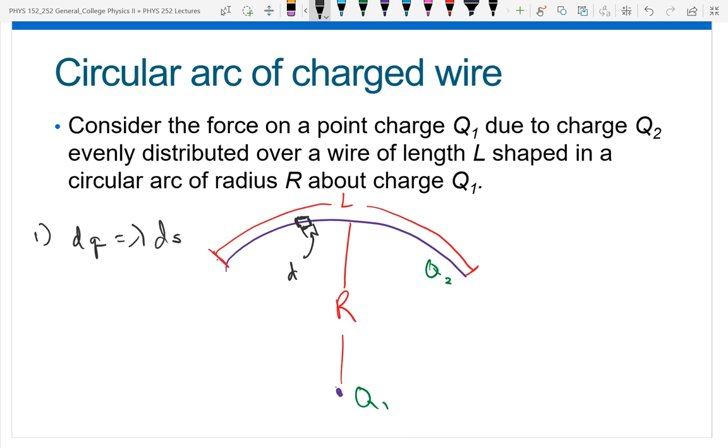That width is ds. Of course, now I need to find lambda, the charge per unit length. We're told that it's evenly distributed, so lambda is simply going to be the total charge, Q2, over the total length, L.